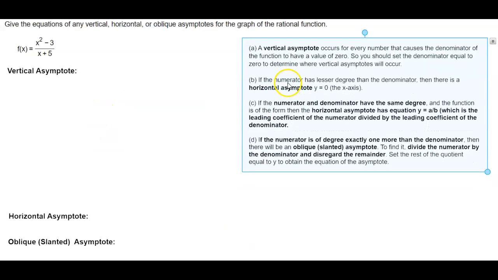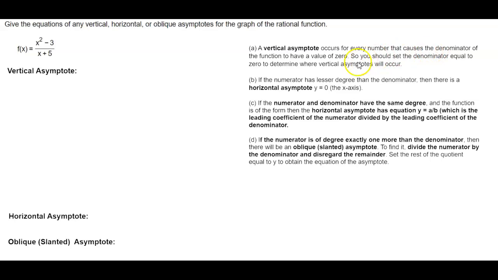So what is the definition of a vertical asymptote? A vertical asymptote occurs for every number that causes the denominator of the function to have a value of 0. So you should set the denominator equal to 0 and then determine where the vertical asymptote will occur.